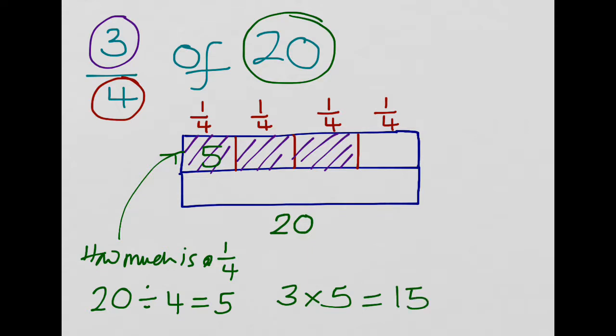And if you look, 3 is my numerator, and 3 can also be found here. But my diagram actually tells me what to do. So I have 20. First of all, I divide it by 4 to find what 1/4 is. And then because I have 3 of them shaded in, because I wanted 3/4, I multiply by 3.